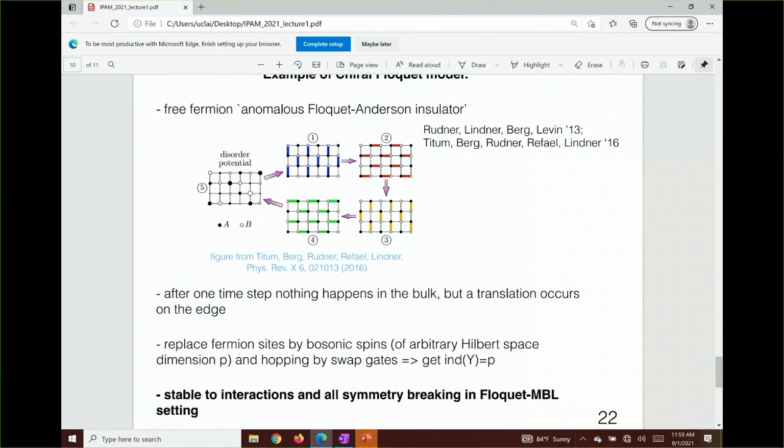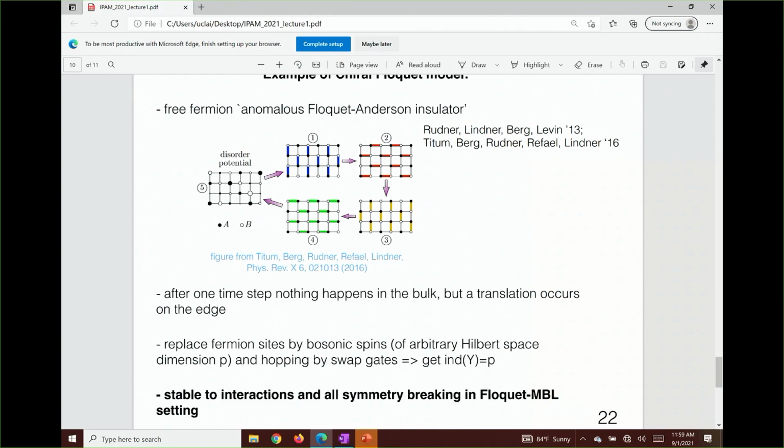For the purposes of what I'm talking about, you can just imagine these various colored segments as unitary swap gates, which swap the qubits living on these various vertices. And if you implement these swaps in 1, 2, 3, and then 4, you have to play around with this and convince yourself that in the bulk, everything just goes around a little square and comes back.